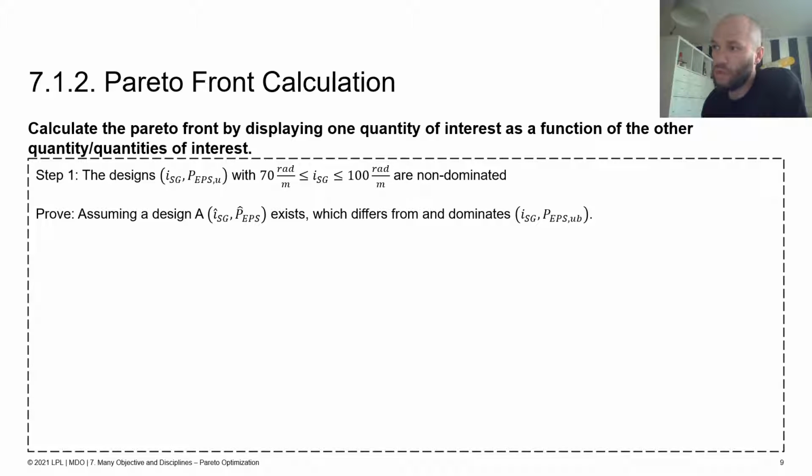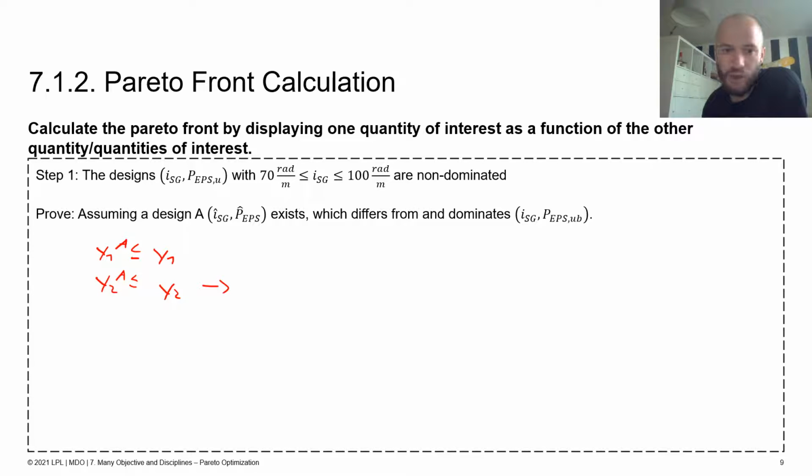So we want to show that there is a Y1A which is smaller or equal than Y1 of our Pareto front, and also, since it's dominating our Pareto front, Y2 of A is smaller or equal to Y2 of our definition of the Pareto front.